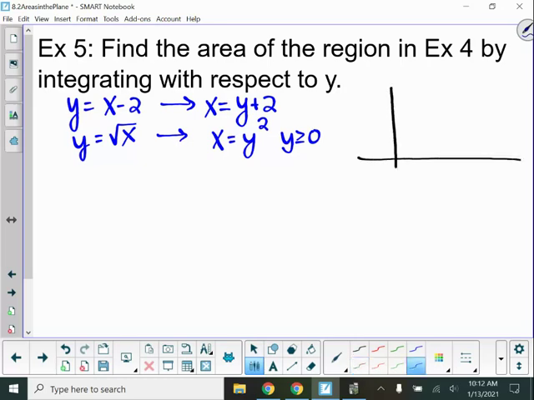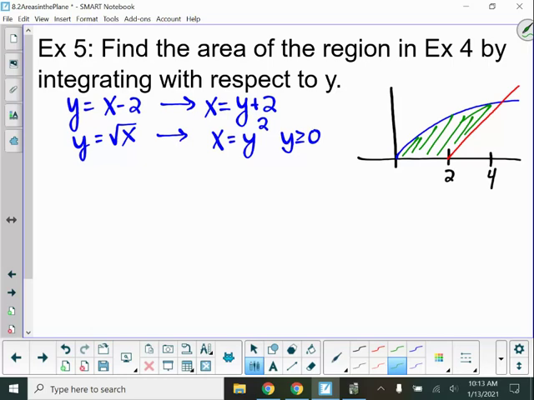So here's what my curves look like. I had this, and then I had this one coming up at 2, and crossing the line at 4. So this is the area that we are looking to find.